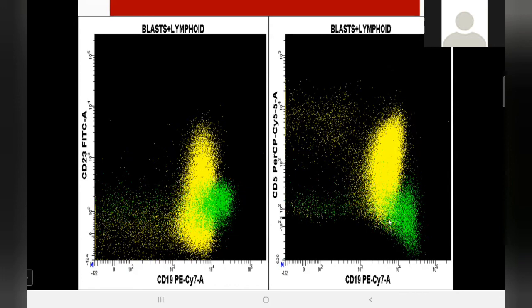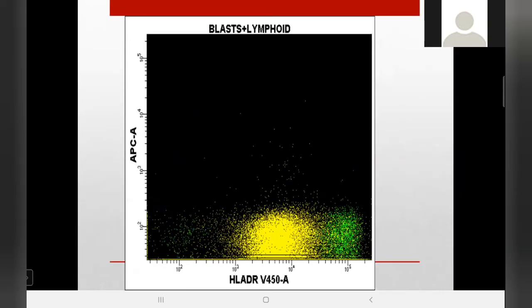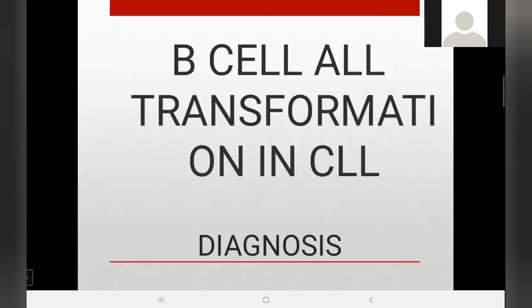And this green population, which was a blast population, is clearly CD5 negative. So you have two populations: a CLL population and a blastic population. So this patient was basically a B cell transformation. He was a B cell ALL transforming from a CLL. Am I clear?